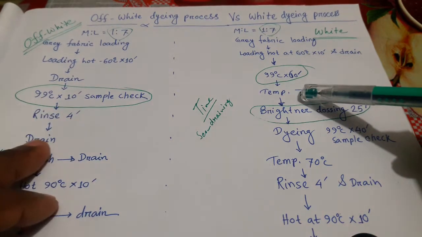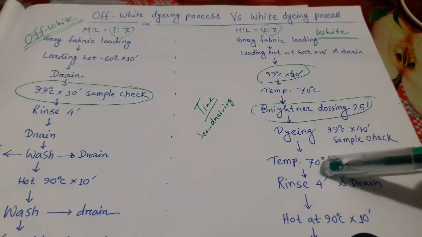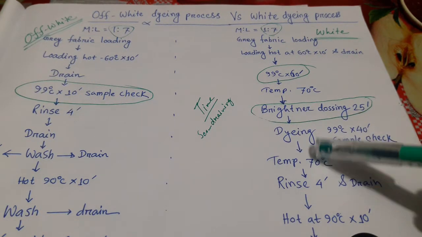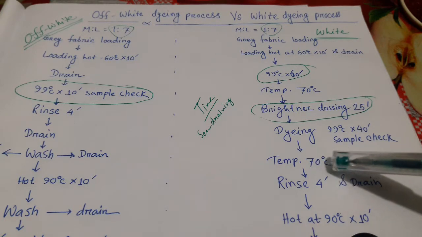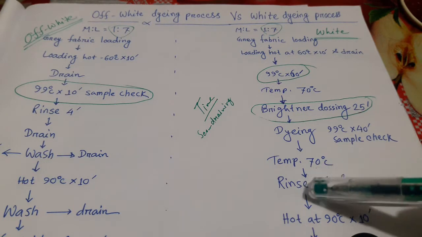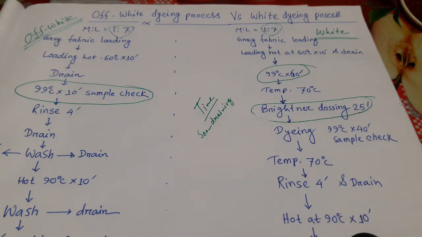Here we are draining, rinsing and draining. Again, after dyeing we bring the temperature down to cooling temperature at 70 degrees centigrade, and after that we rinse, then another hot wash at 90 degrees centigrade for 10 minutes.